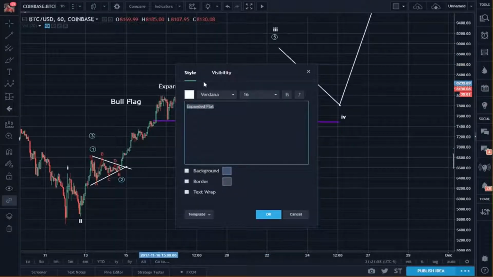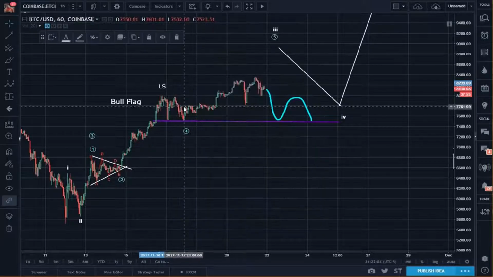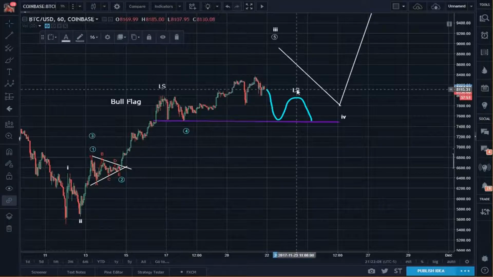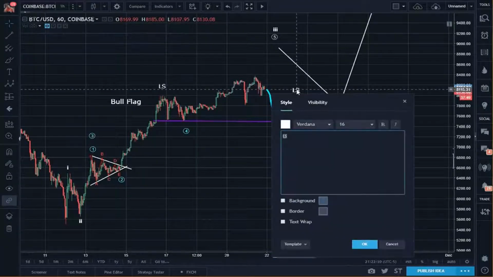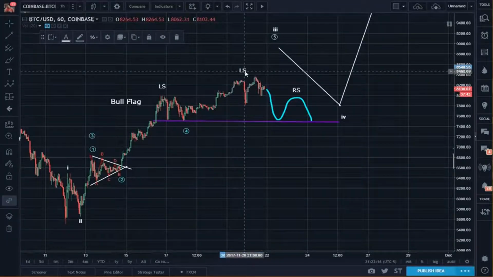So that could look like, basically to label it, left shoulder, right shoulder, head.